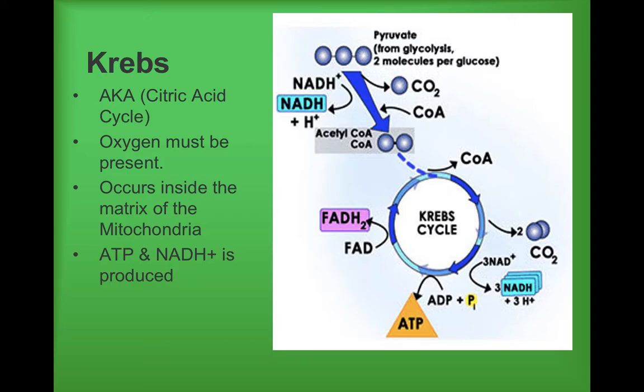Oxygen must be present. This will occur inside the matrix of the mitochondria. Now it's important here, ATP is made and so is NADH. So if you remember back to photosynthesis, we talked about that electron carrier being NADPH.